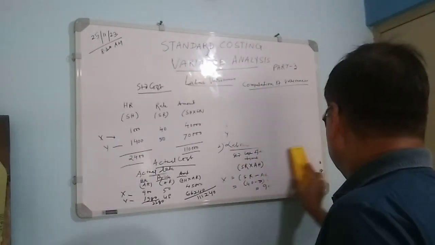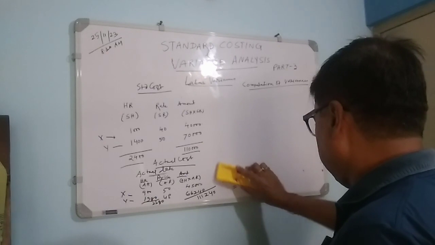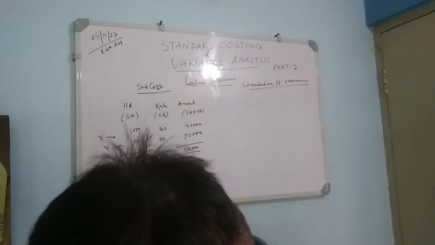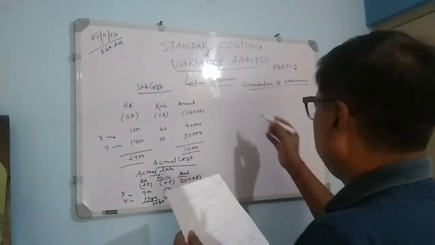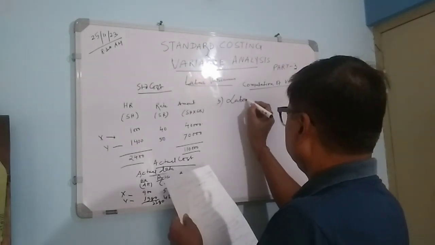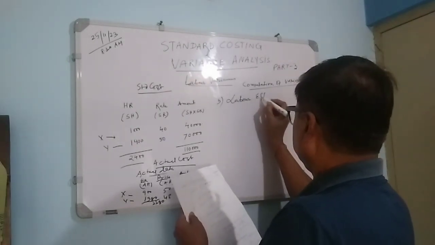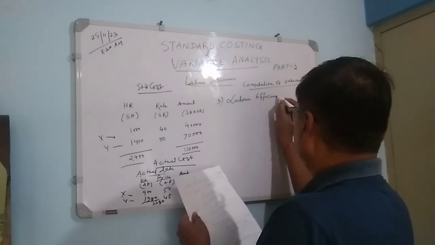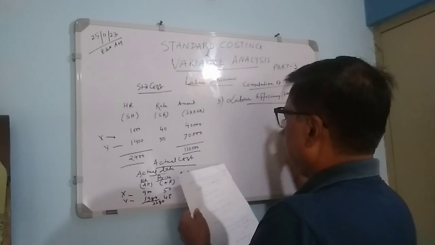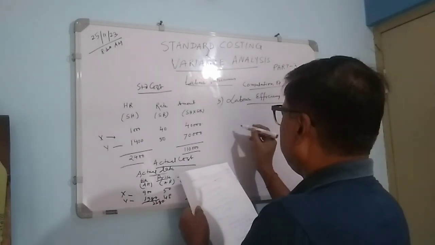Number 3 is an important variance under labor variance, that is labor efficiency variance. How do we find labor efficiency variance? What is the formula?